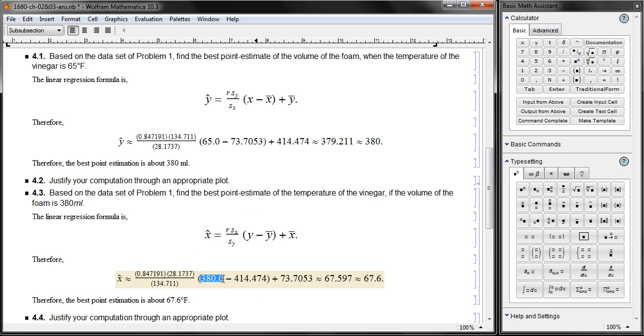Otherwise, plug in all those means, correlation coefficient, standard deviations and so on. Do the computation, you get 67.6. Not 65, but a little bit closer to the mean. Now, if you start from 67.6 and put it over here and run the computation, you're going to get something bigger than 380, a little bit closer to the mean.